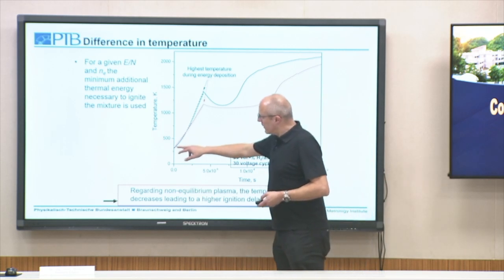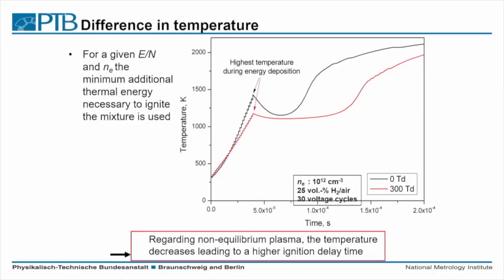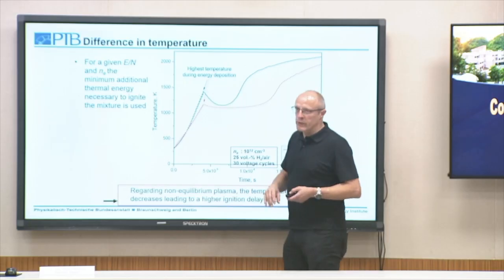So the energy is here again. If we use less energy, no ignition occurs. So this is the minimum energy necessary for ignition. But what is important here is the difference in temperature.